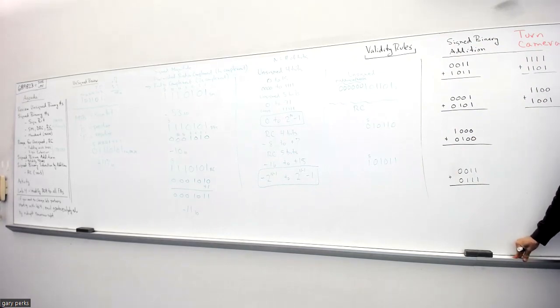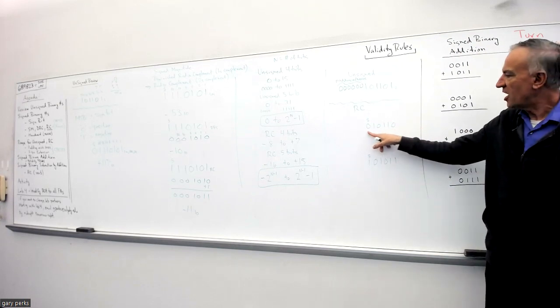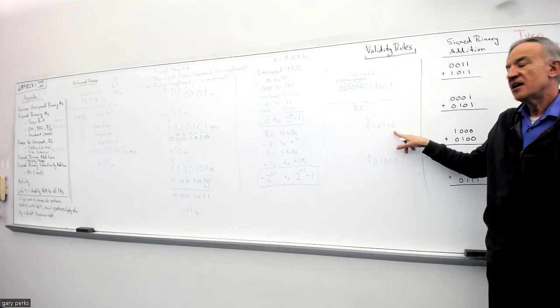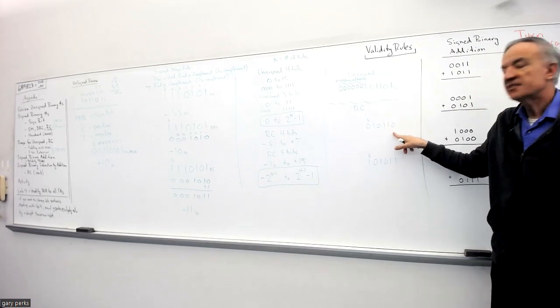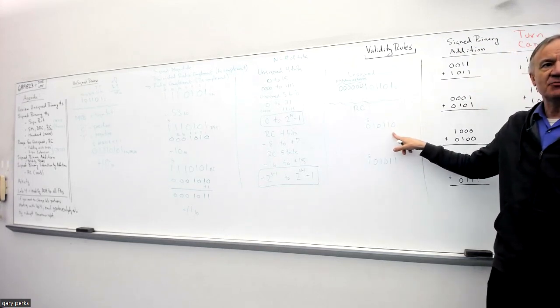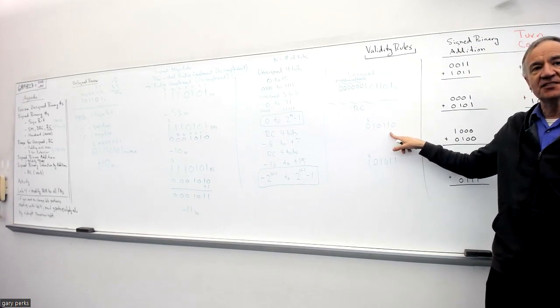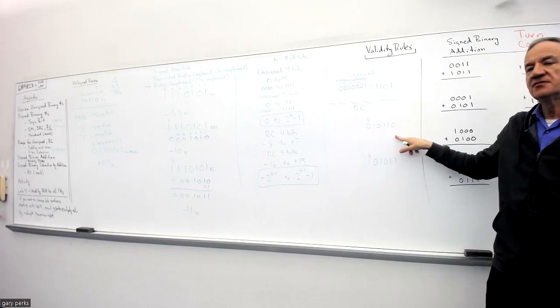One's positive, one's negative. Well, let's look at the positive one first. Let's say that I want to make this positive 2's complement number 12 bits. It's 6 bits, but I want to make it 12 bits, and I don't want to change the value. So what would you do?